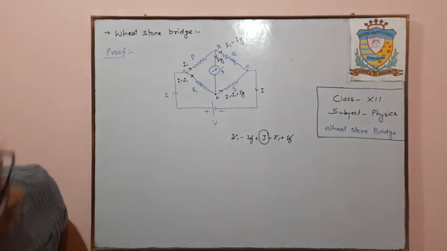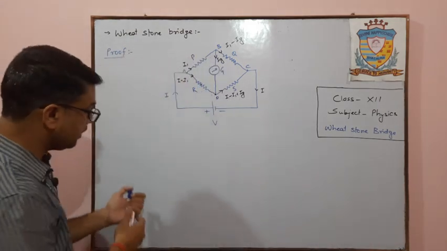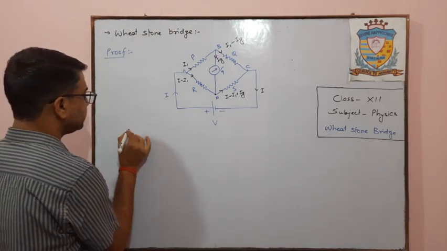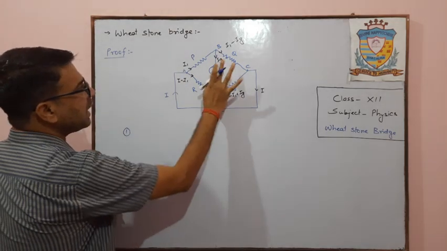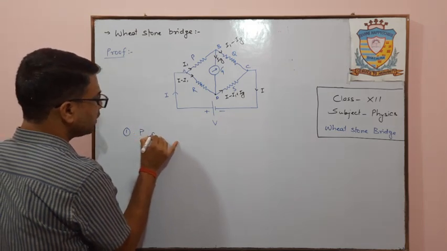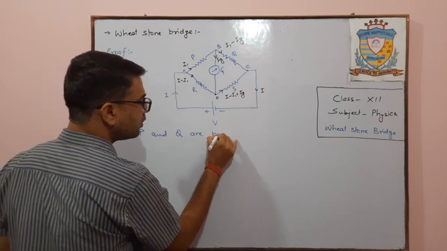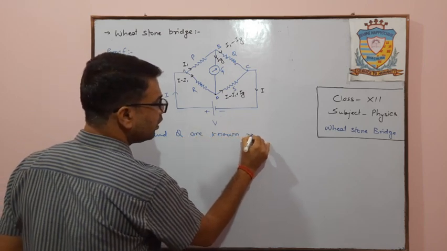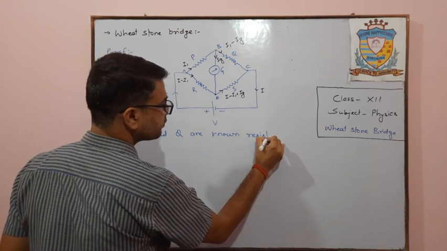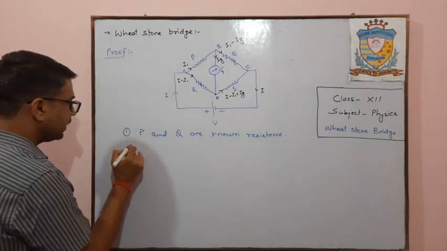Now in this arrangement, first, P and Q are known resistances, meaning their values are given.